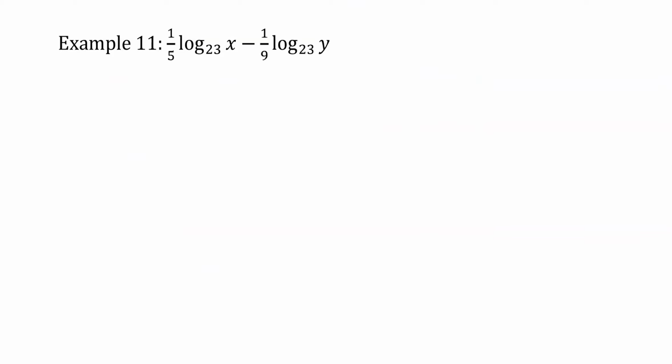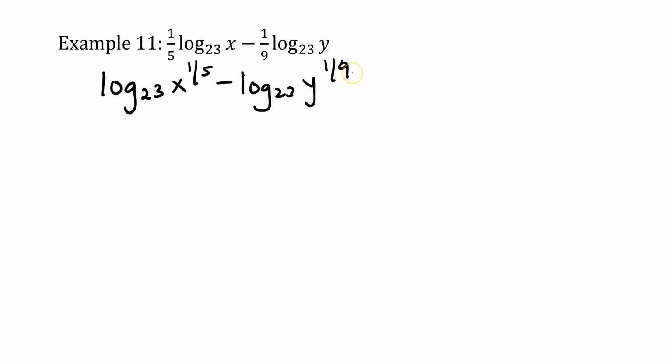Example 11, we will begin by sending our coefficients up to the exponents. So we have log base 23 of x to the 1/5 power minus log base 23 of y to the 1/9 power. To make this a little bit neater, I'll go ahead and rewrite those fractional exponents as roots.